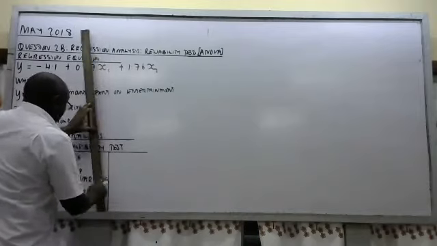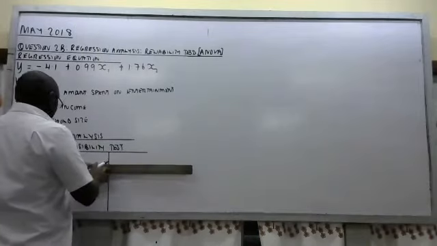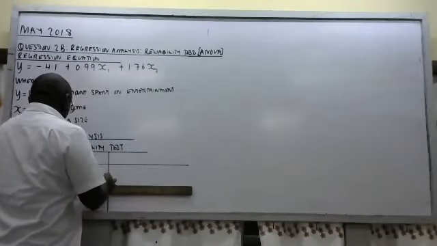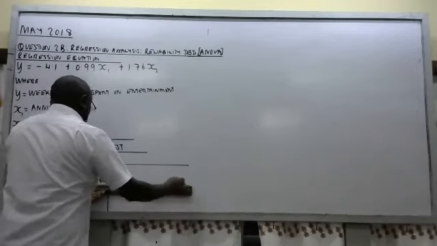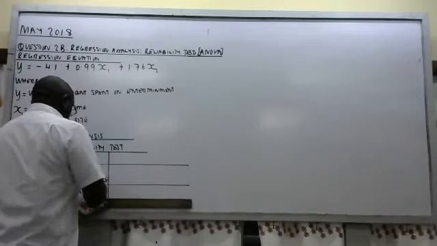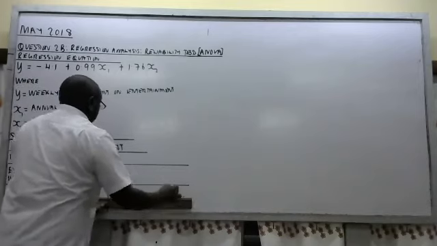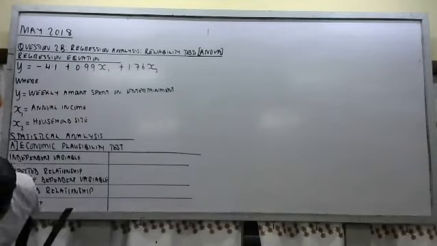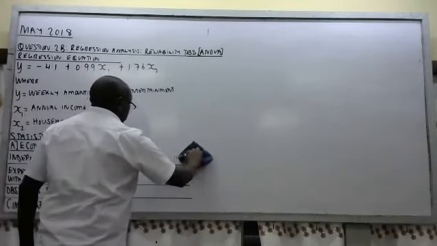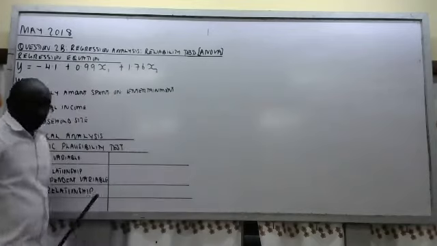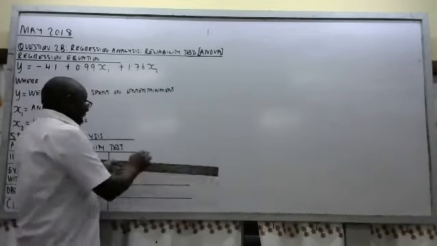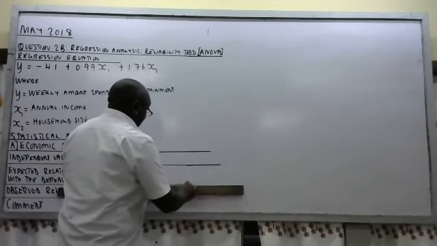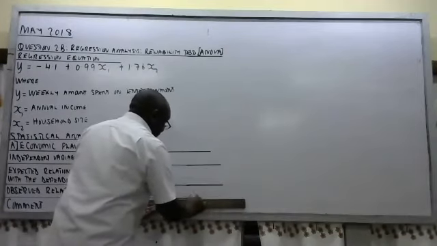So I want to present it in a tabular way. Last time we discussed 3 types of relationships.